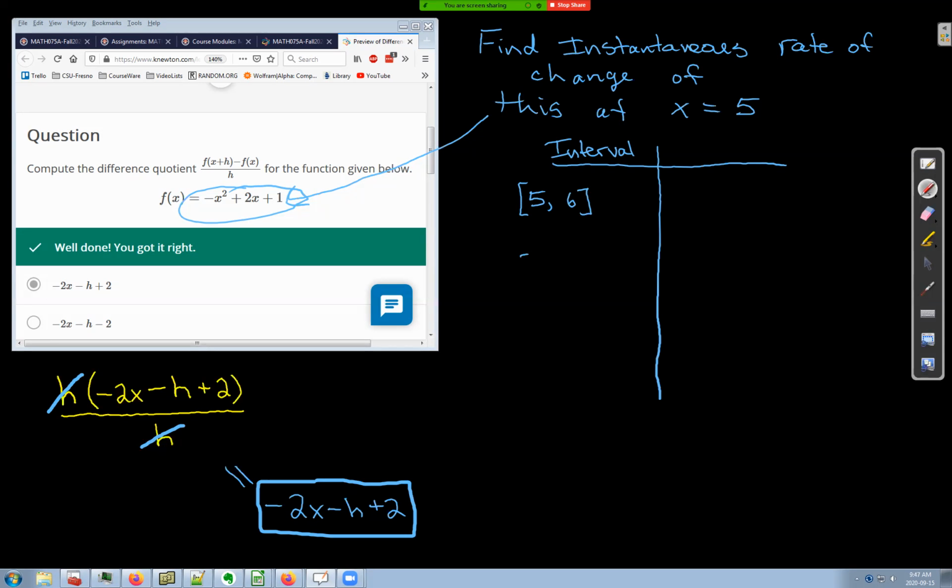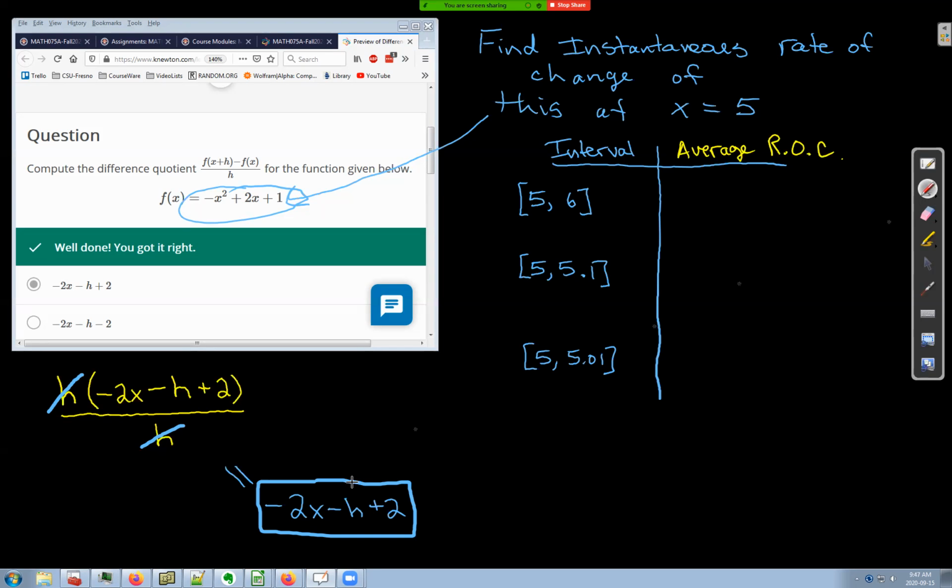And then the next interval we would do would be 5 to, say, 5.1. And the next interval would be 5 to 5.01. And then what we would do over here is calculate the average rate of change, and we'd try to see a pattern. And so hopefully that makes sense.